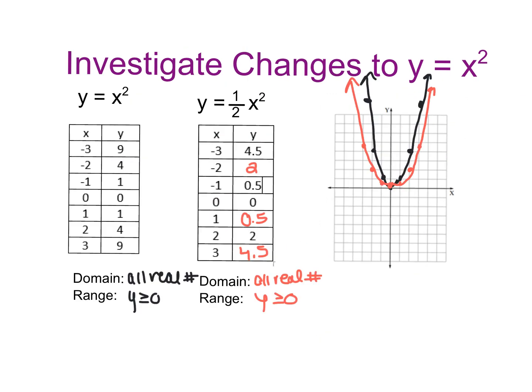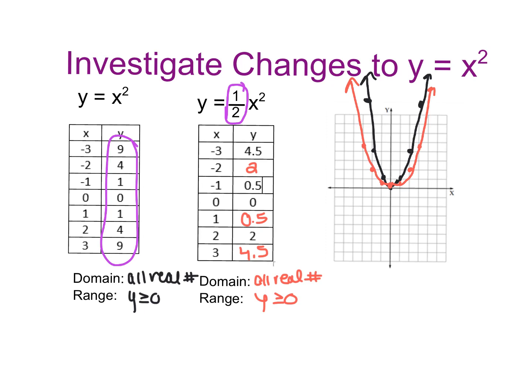So after we investigated a equals 3, we decided to investigate what would happen if a became 1/2. And what you should be seeing here again is that our parent graph is here in black. So you can see that we have our generic parent graph points, and we plotted them over on the graph in black. And then we applied the a value here in red.